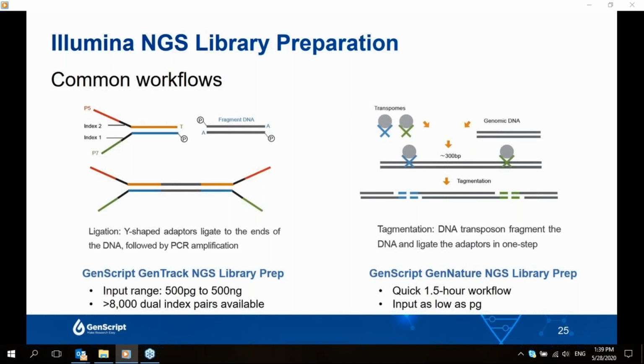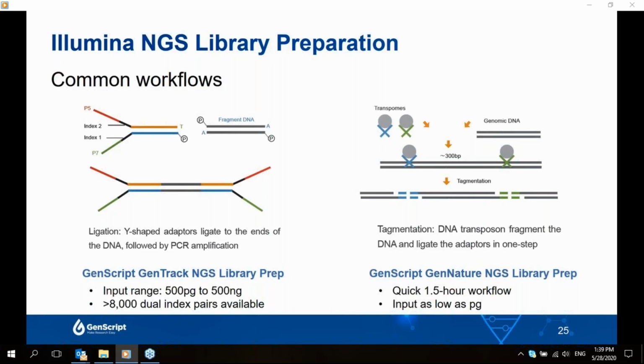At GenScript, we have created our own solutions, our GenTrack and our GenNature NGS library preparation kits. They integrate a series of components we have come up with and manufactured in-house. The GenTrack kit could be categorized as a ligation-based method.